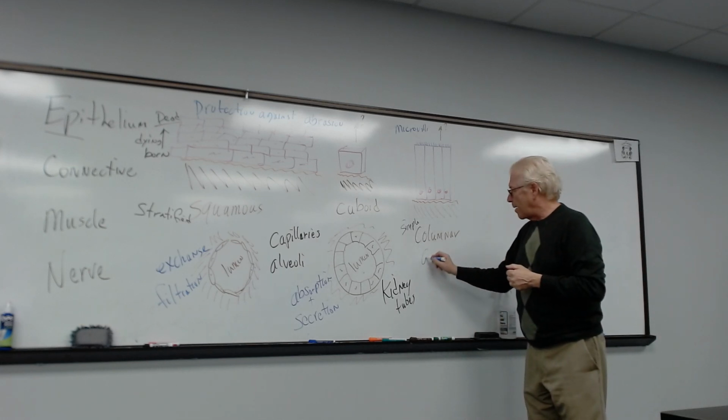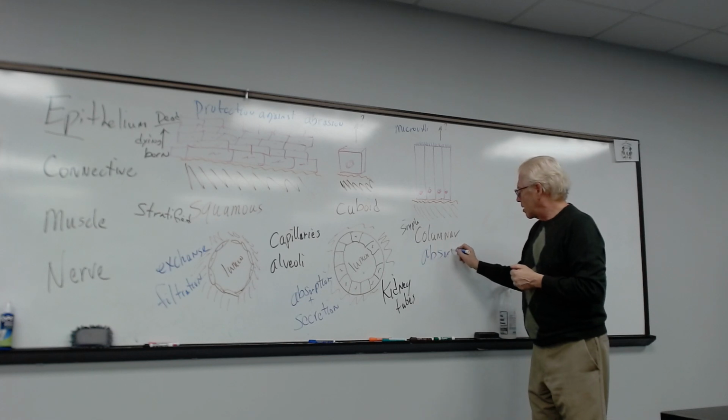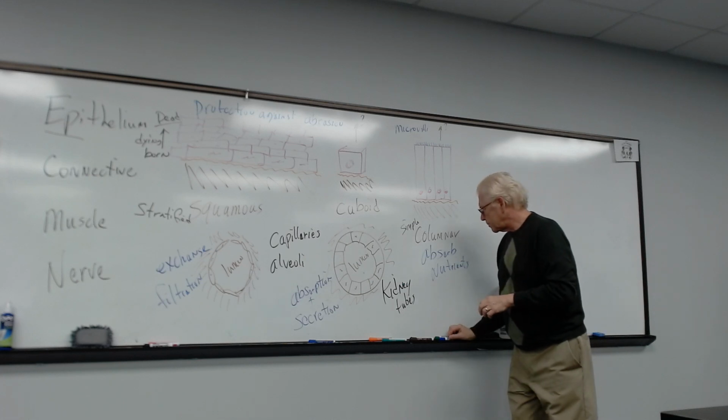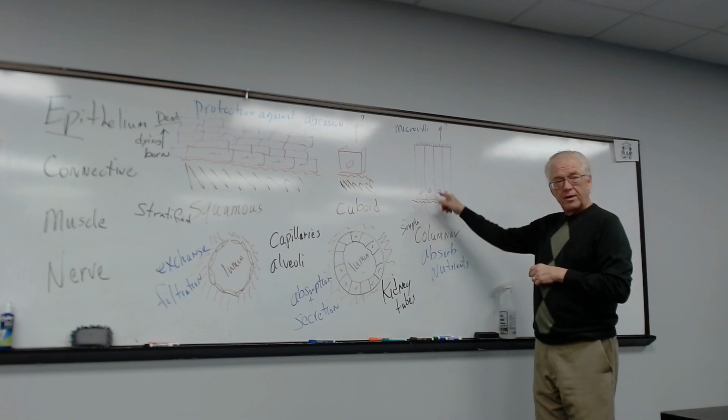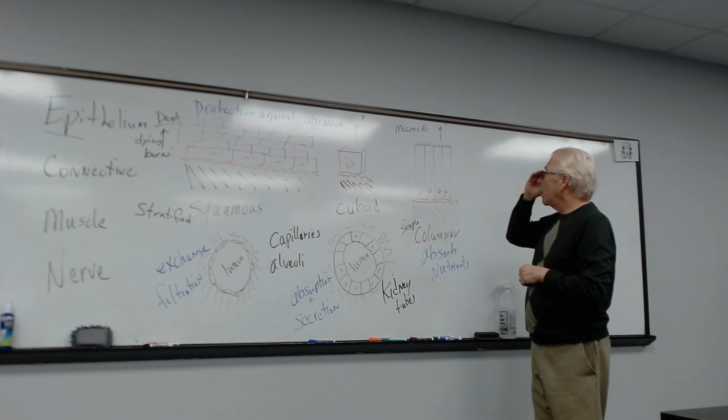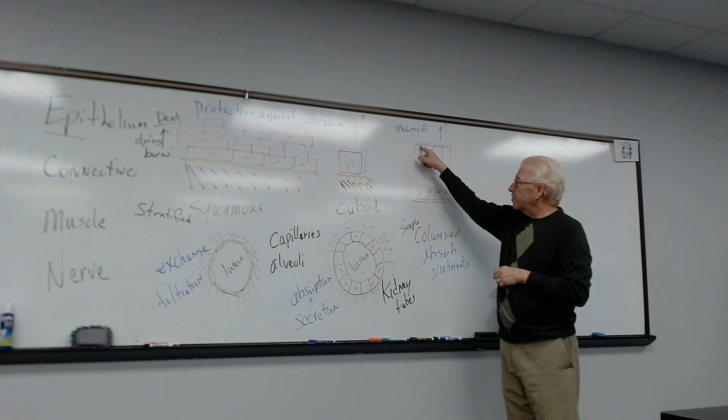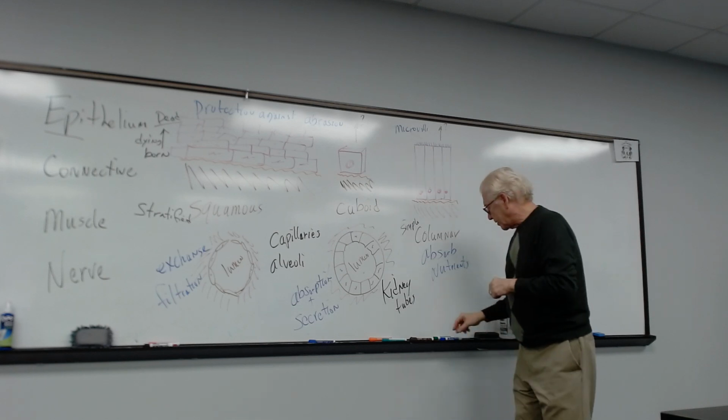Absorb your food. Absorb nutrients. Okay? We absorb the nutrients in the simple columnar cells of your small intestine. All right, but what is the purpose of these little guys? Let me see if I can demonstrate for you.